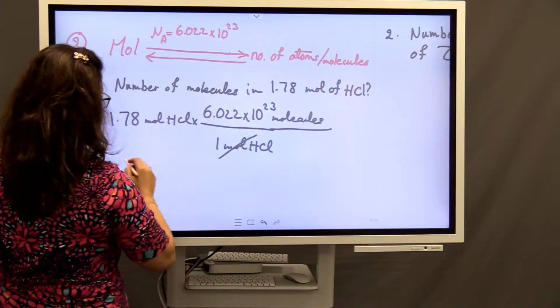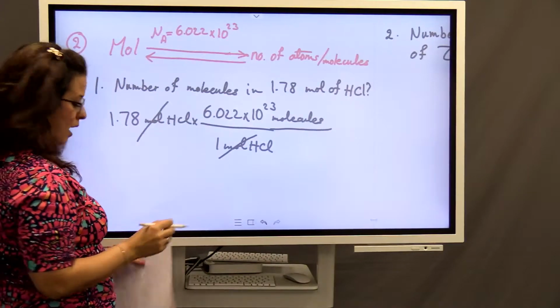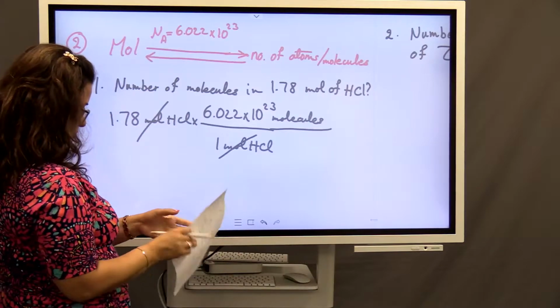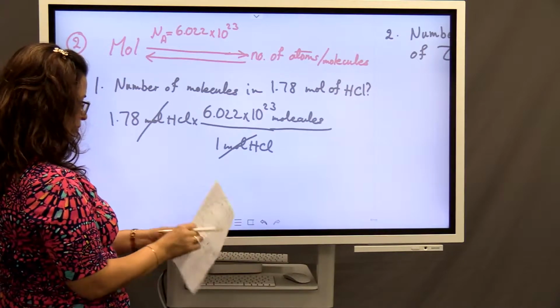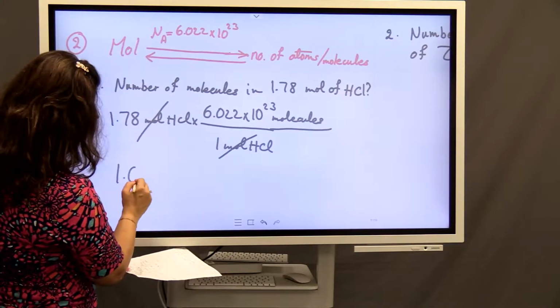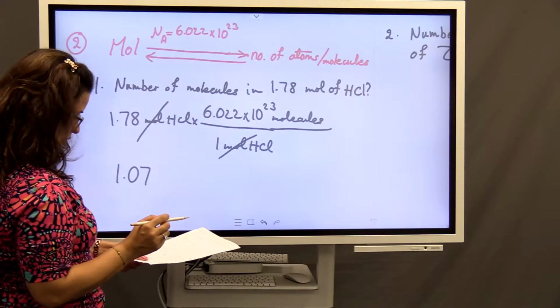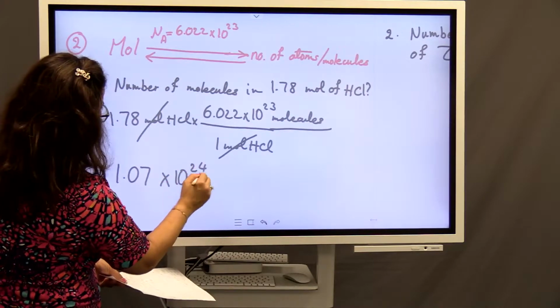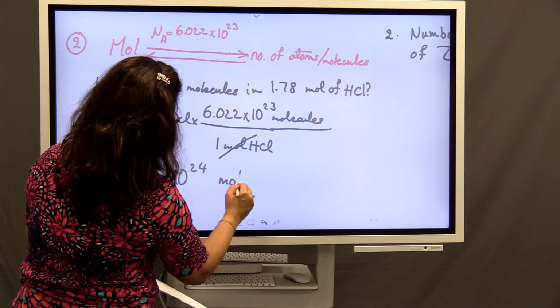So you can cancel mole and mole. And what's the answer? It is 1.07 times 10 to 24 molecules.